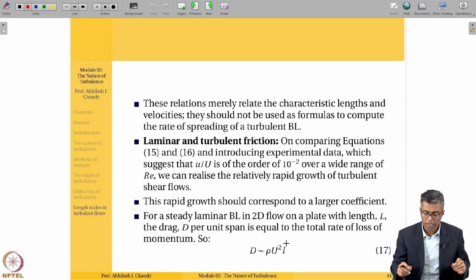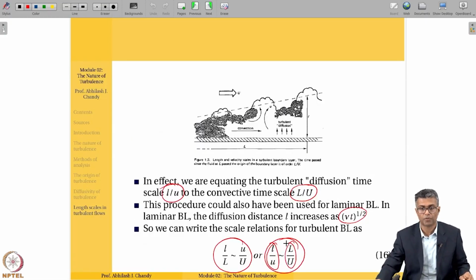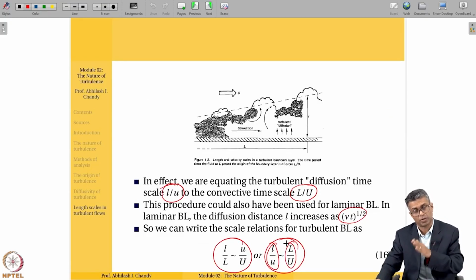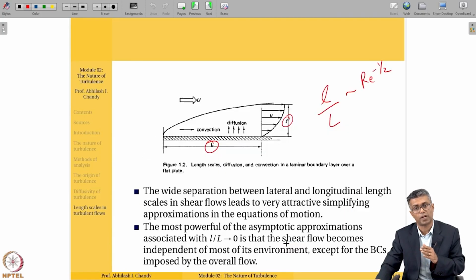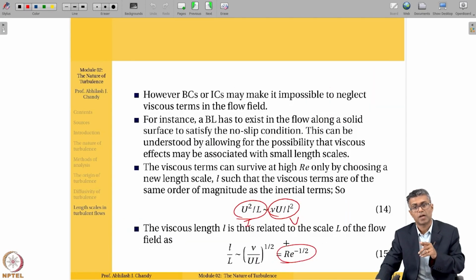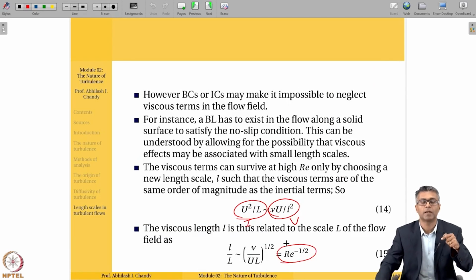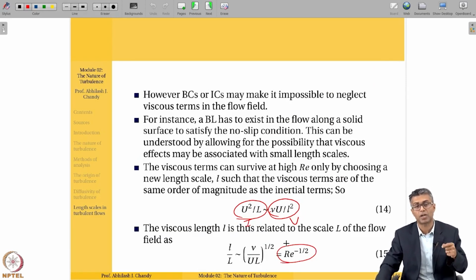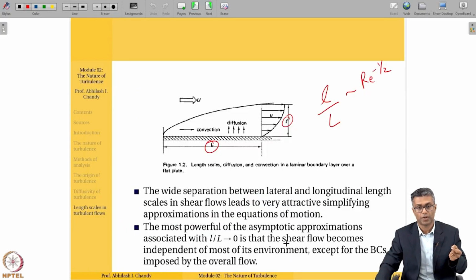So for example, if I look at equations 15 and 16, where are 15 and 16? This is 16, where you're relating the time scales to each other, and where you're relating the length scale to the velocity scale, which is 15. 15 is this equation here, where you have the ratio of the length scale being of the same order of magnitude as the Reynolds number to the minus half.